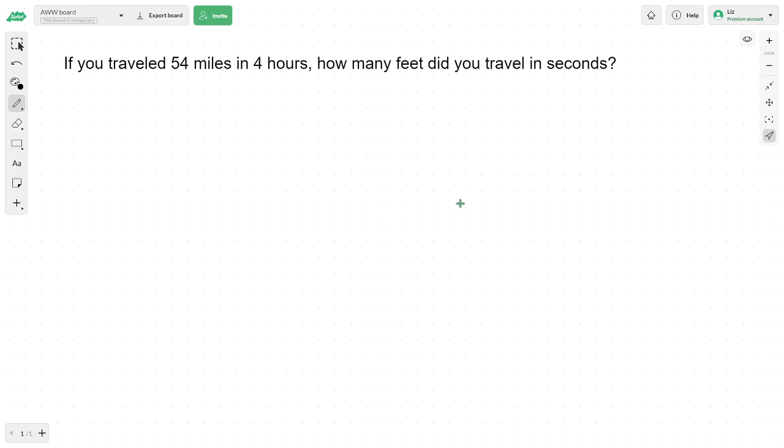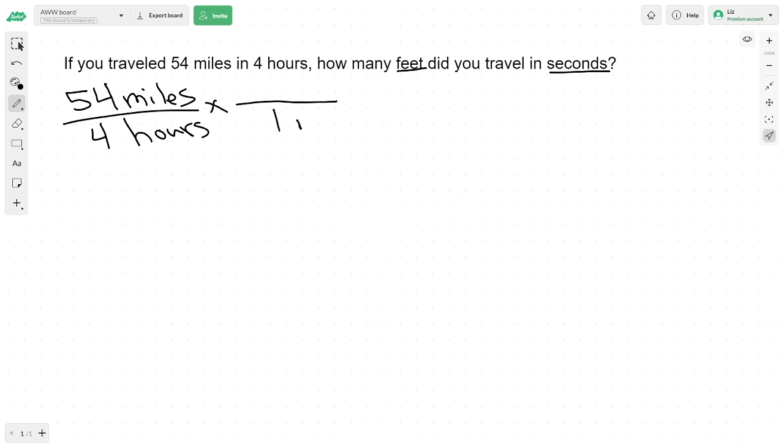So we need to use some conversion factors here. We have 54 miles in 4 hours, but I need it in feet and seconds. So I'm going to do feet first. So 1 mile, I'm going to put that on the bottom because I want it to cancel out with these miles over here.